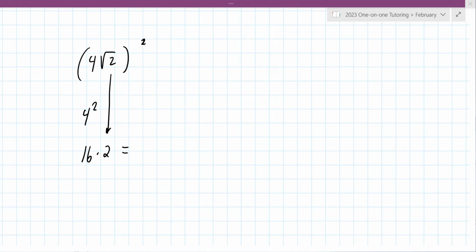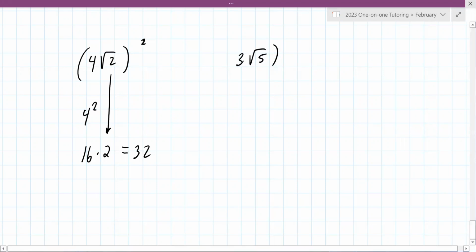So do you understand what I'm doing here? Because I want to give you one to try on your own. So try this one: 3 square root of 5.